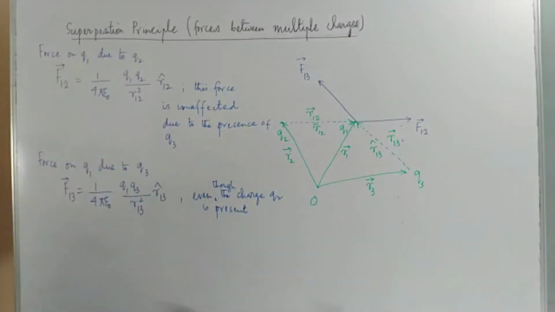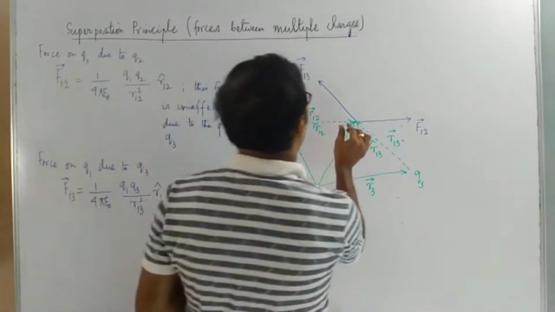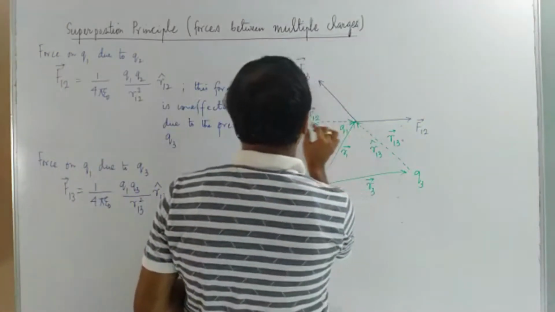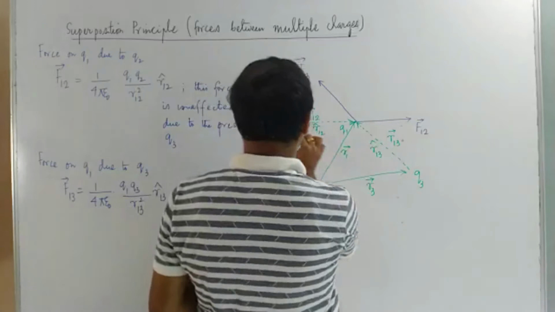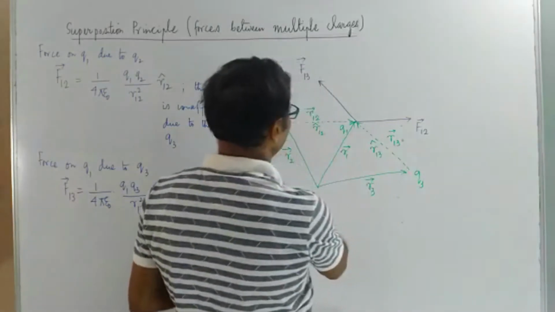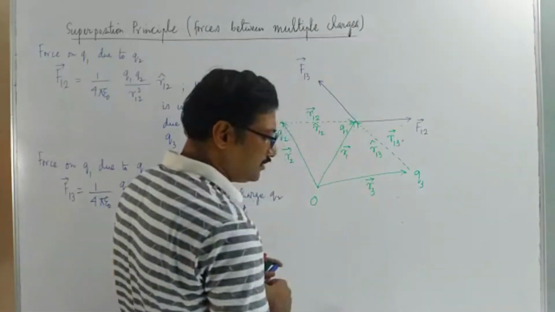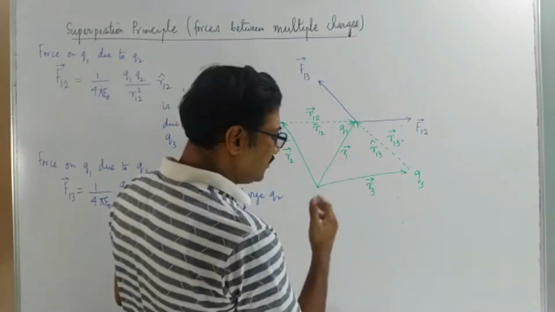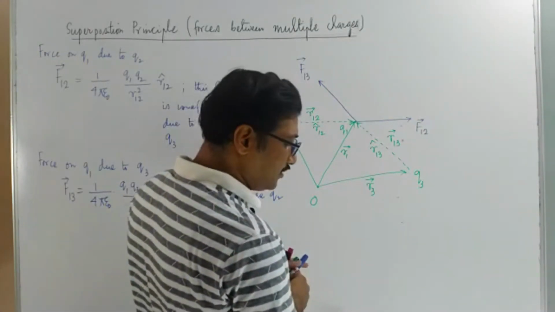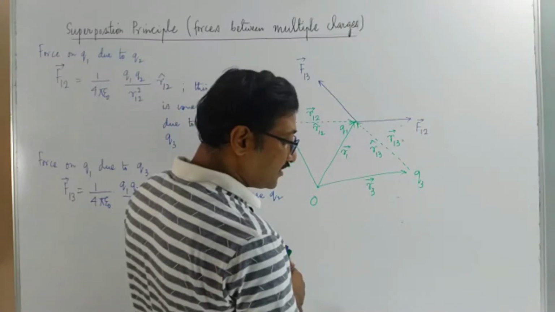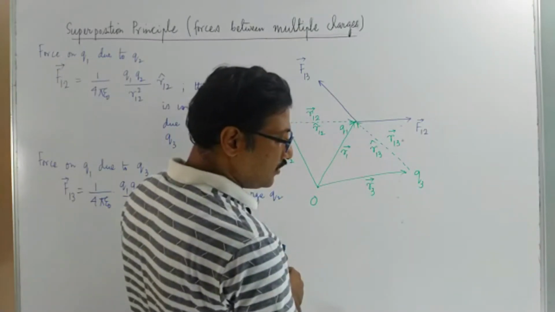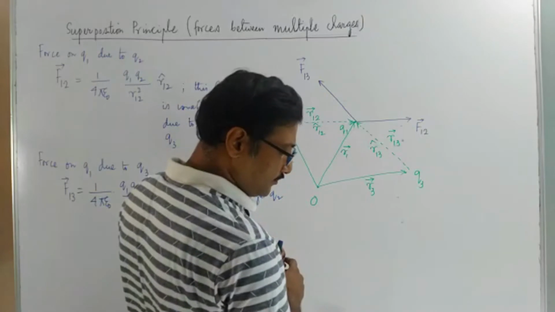If I now calculate the total force on Q1 due to Q2 and Q3, then that should be the resultant of these two forces. Earlier we have learned vector addition of two vectors, no?